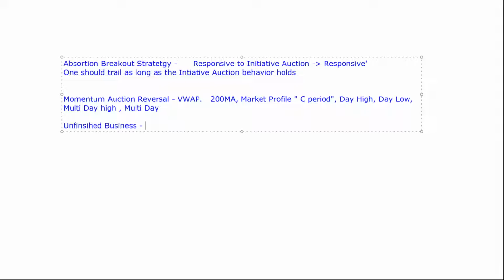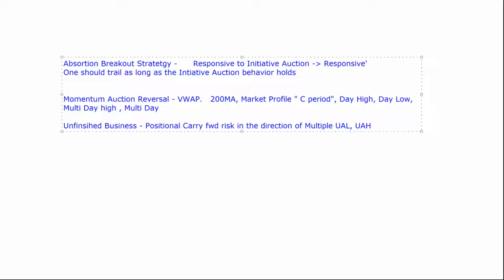That is where you can understand it as a positional carry forward risk in the direction of multiple unfinished business levels, whether UAL or UAH, whichever side it is.